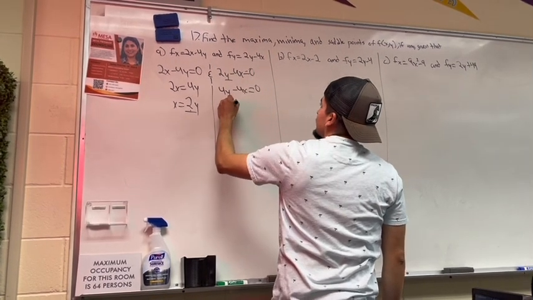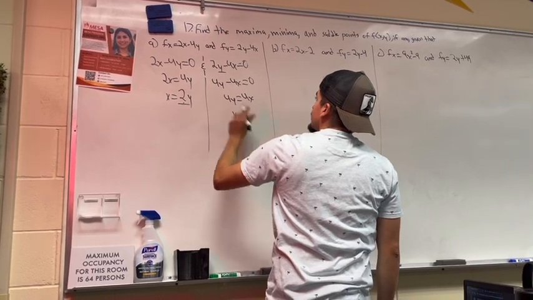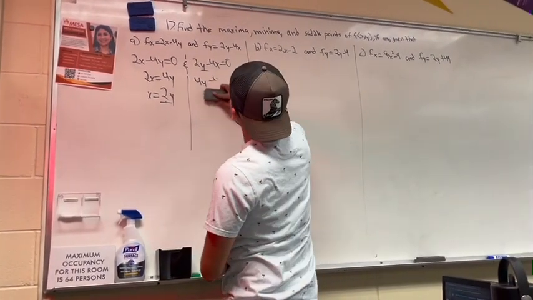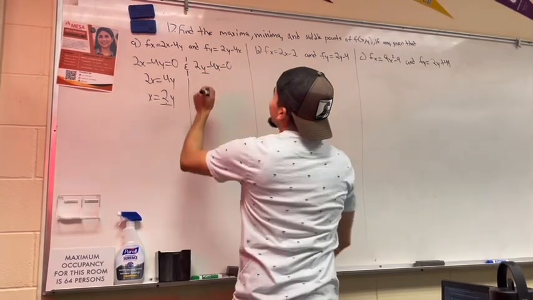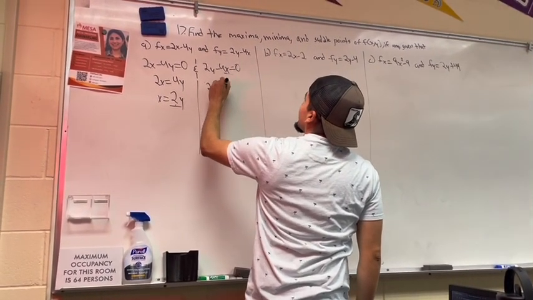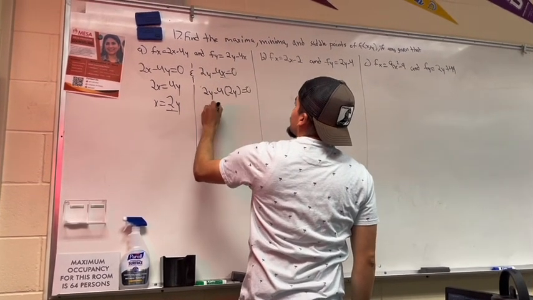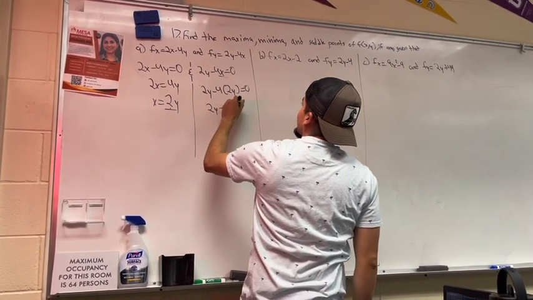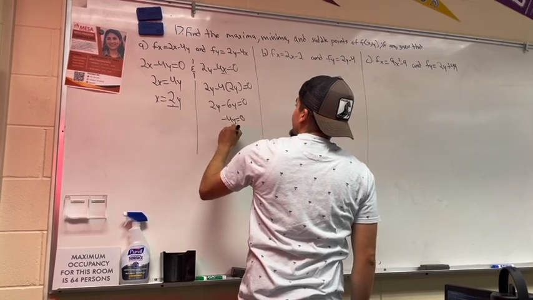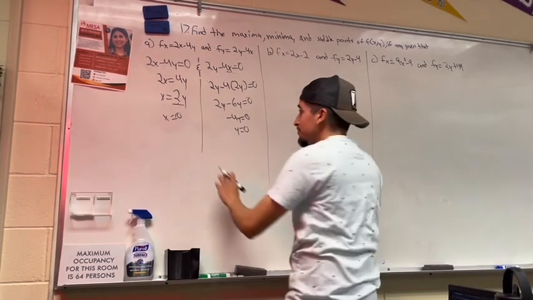I did it wrong. Plug it into here. So we have 2y minus 6y equals 0, which is negative 4y equals 0, y equals 0, therefore x equals 0. So that's our critical point.